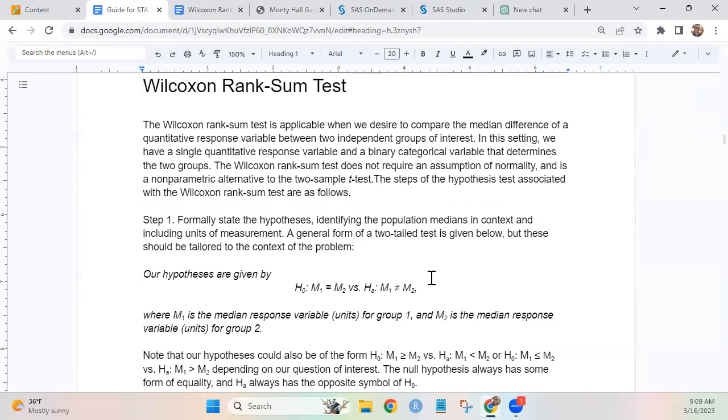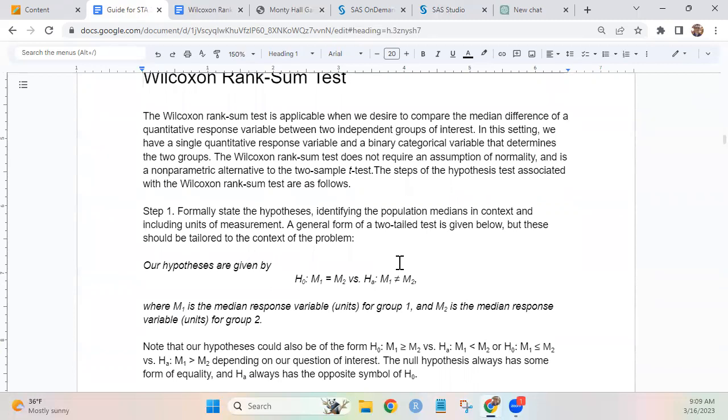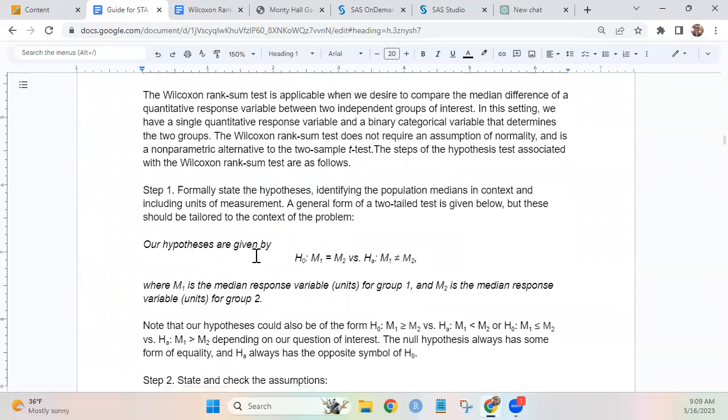So if you have problems in your data set, the general idea is that testing about the median will go a little bit better than testing about the mean, which is very sensitive to outliers. It's also just based on different theory, but we give the hypotheses in a very similar way, but instead of saying the average, we just say median.